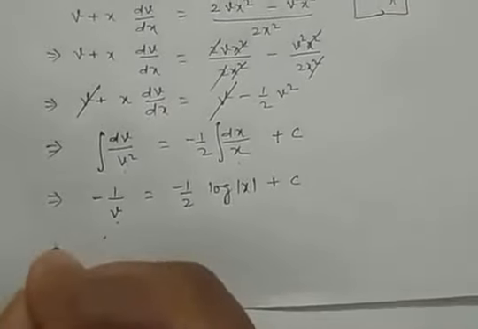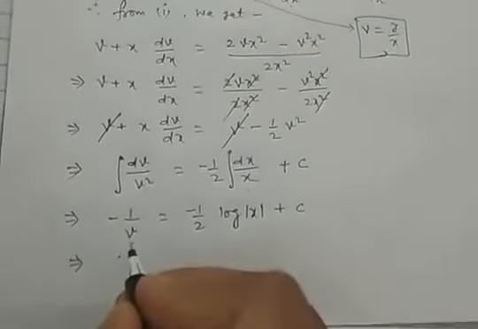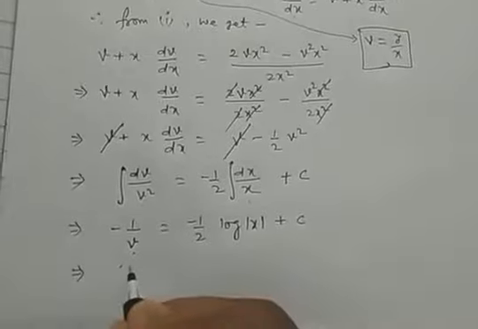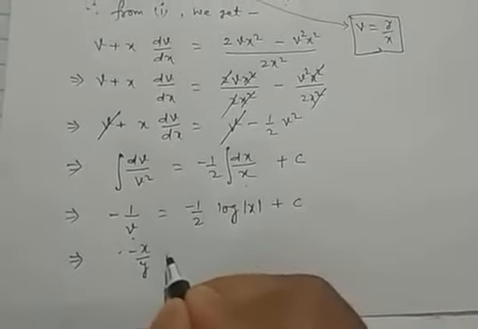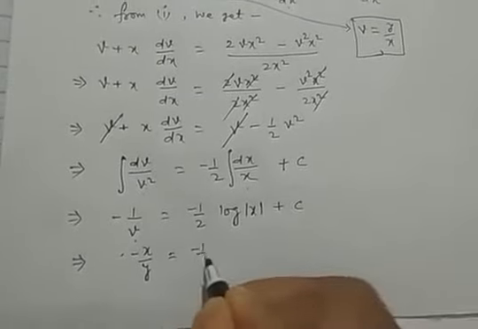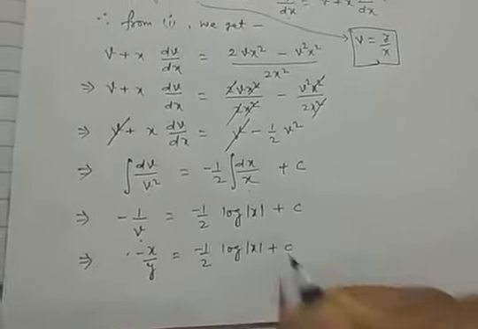So this implies minus x upon y equal to minus 1 by 2 log mod x plus c.